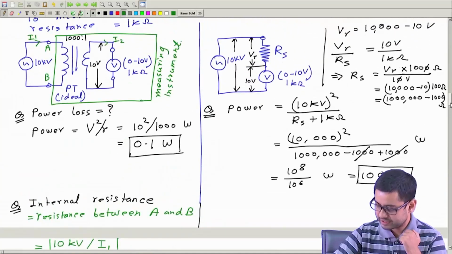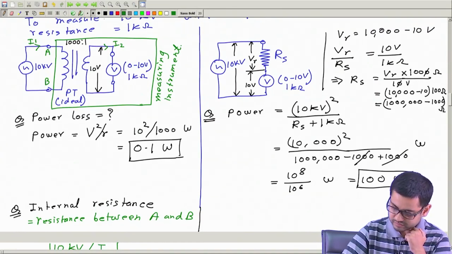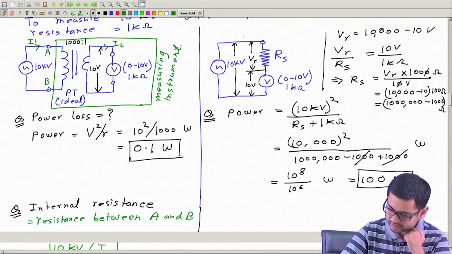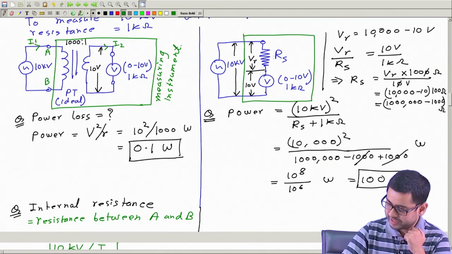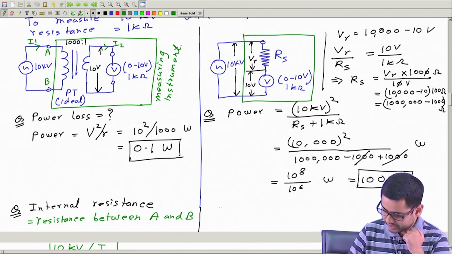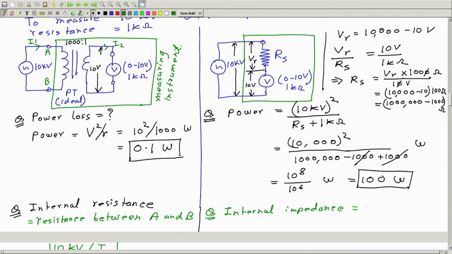And in this case, how much is the internal impedance? So this is now my measuring instrument, the voltmeter in series with Rs. So the internal impedance is equal to Rs plus 1 kilo ohm meter resistance.